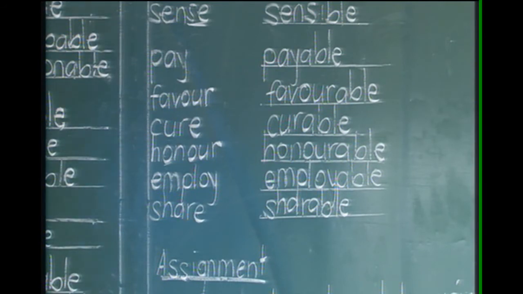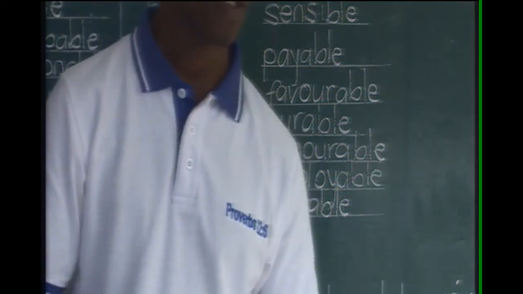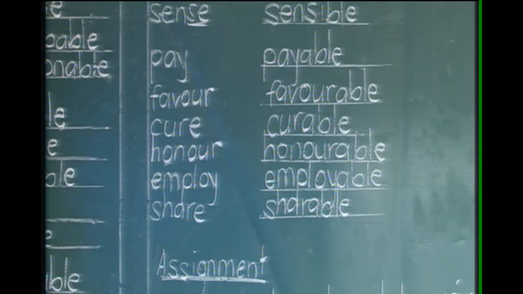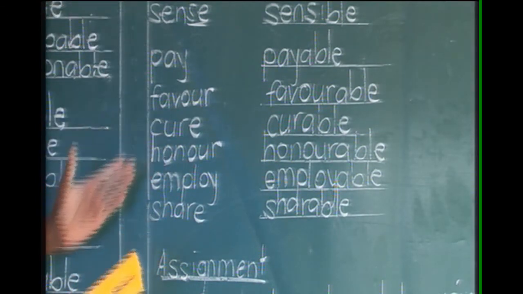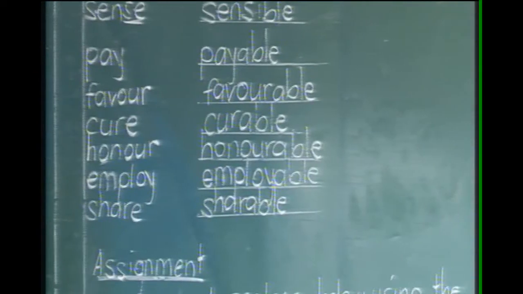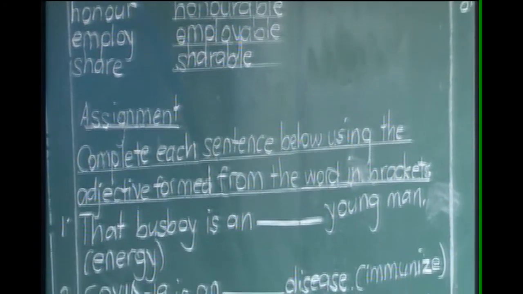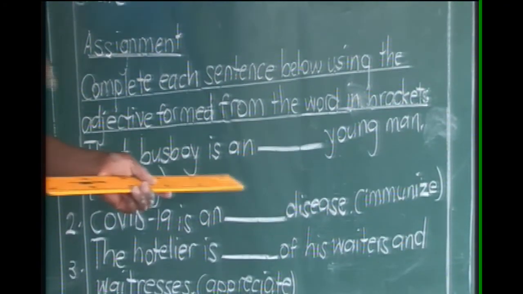Yes, to conclude it all, it will be unfair if I depart without testing you. You see, the very words you have been looking at are adjectives. So, in our assignment, we are going to complete each sentence below using the adjective formed from the word in brackets.